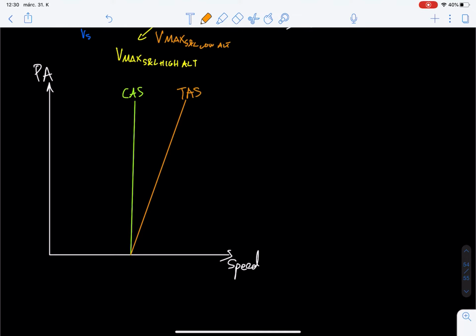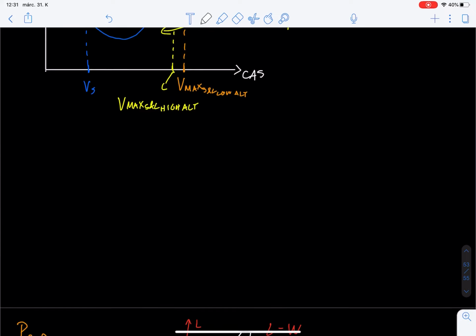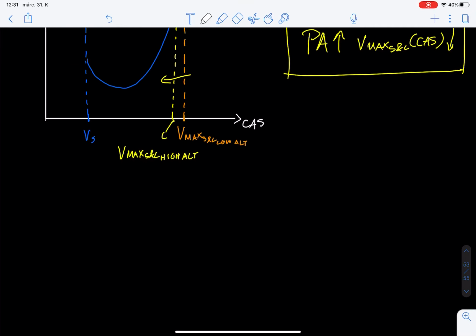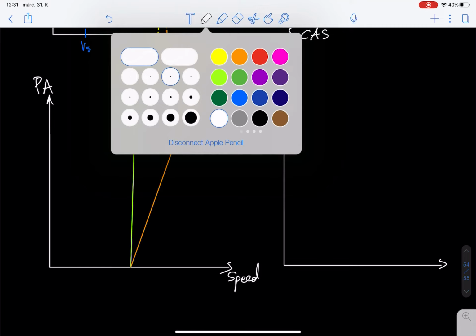However, what we can see in reality is that it's not really a constant that we have to maintain, because the maximum straight and level is going to decrease.